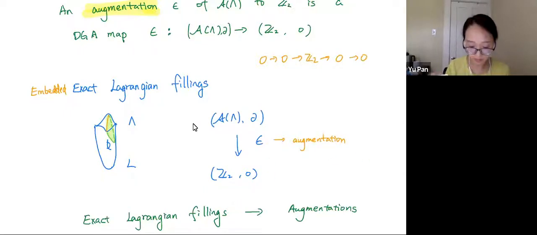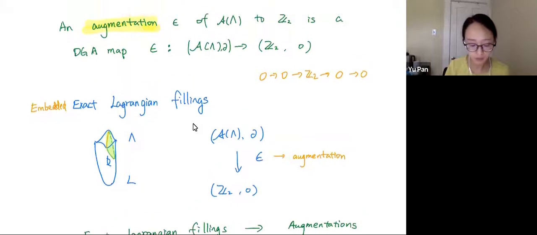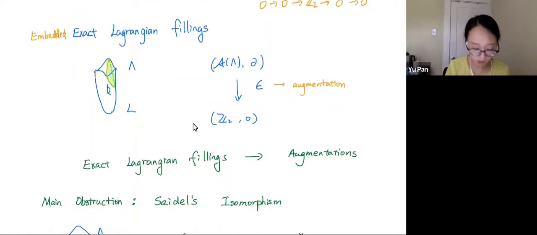So you can see that this augmentation basically just counts how many holomorphic disks are bound by each ripcord. You can also view the augmentations as an algebraic extension of the exact Lagrangian fillings.